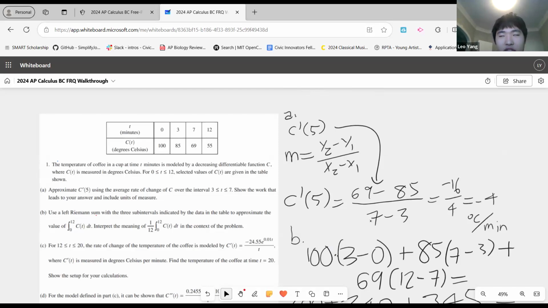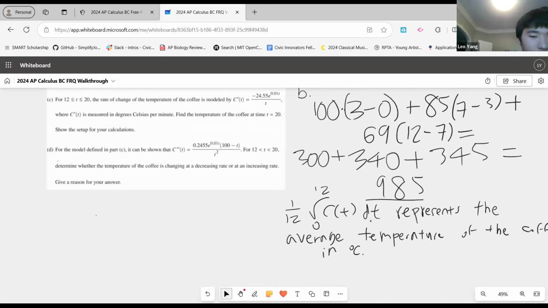And specifically from t equals 12 to 20, it gives us a difference between the temperature of the coffee at 20 minutes minus the temperature of the coffee at 12 minutes. So let's write that out.